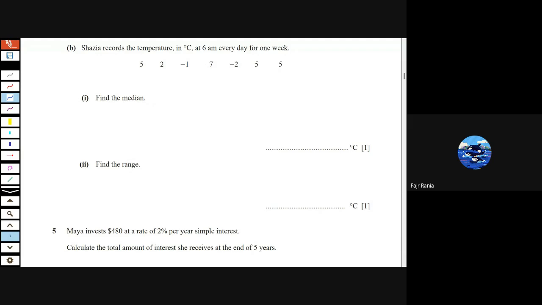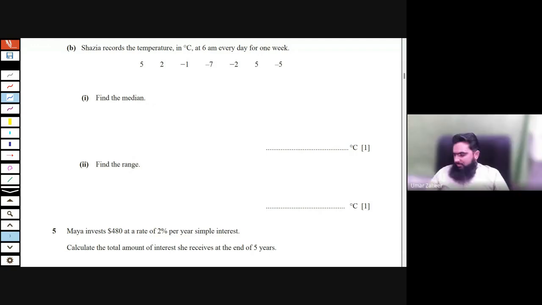Minus 7. Then minus 2, minus 1, minus 1, 2, 5, and 5.